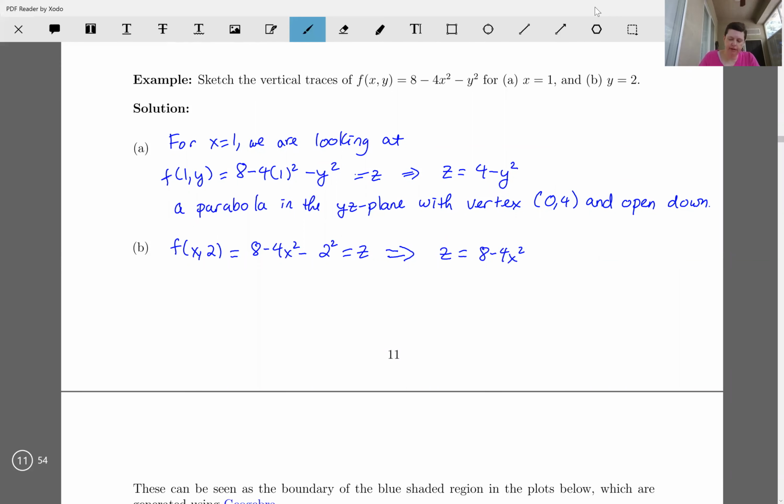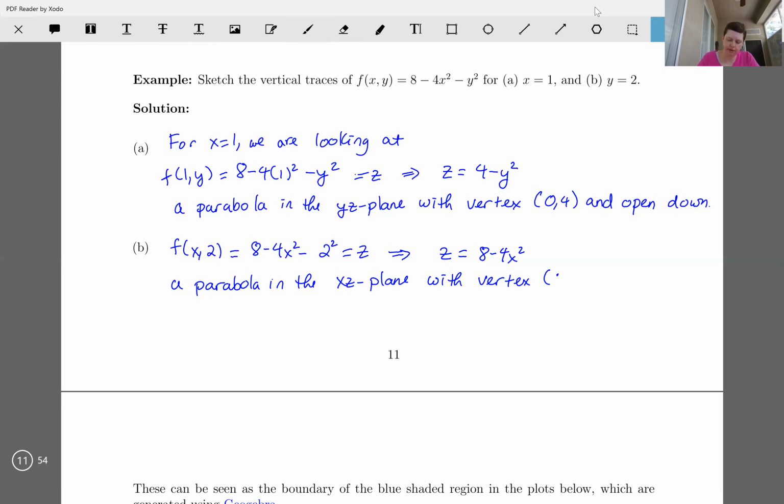So again, we have a parabola in the xz plane, with vertex, in this case, I believe it's (0, 8), and it's open down.